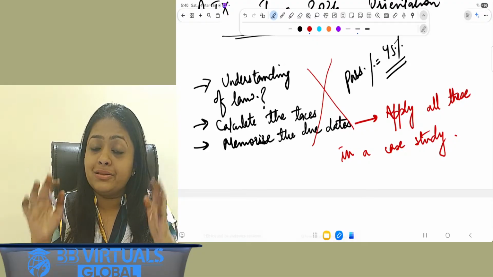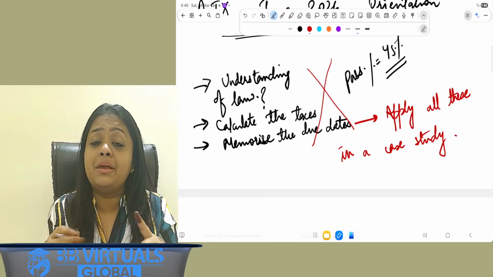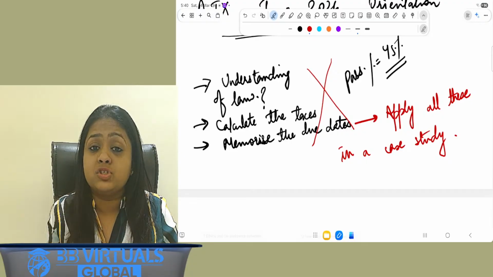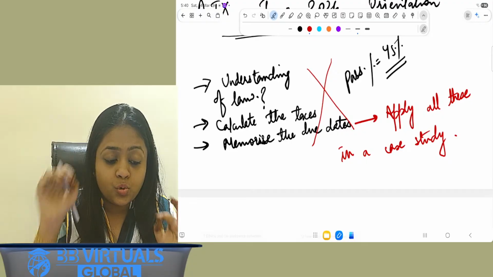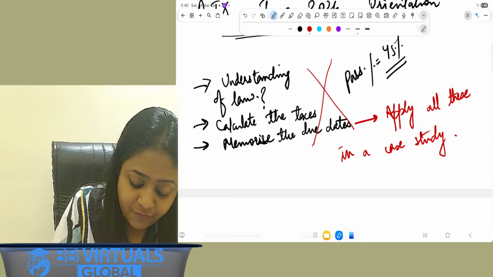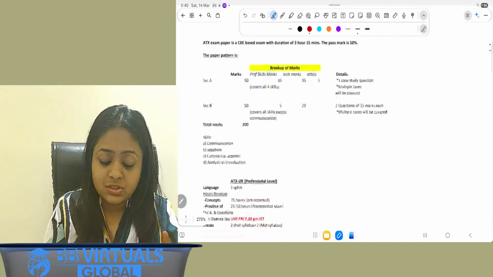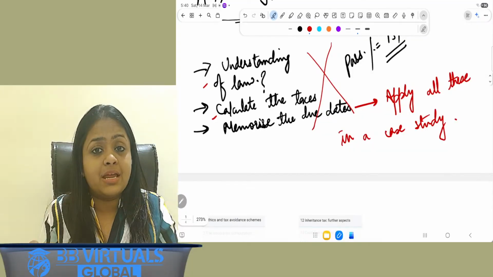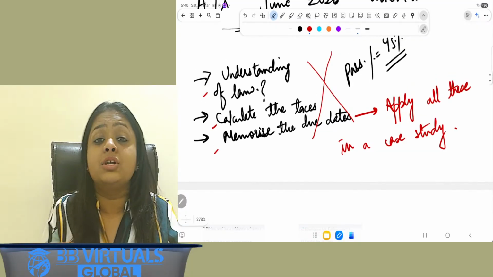Now in that case study, as a basic, it is an assumed point that the students understand the laws, know how to calculate taxes, and are able to memorize the due dates.